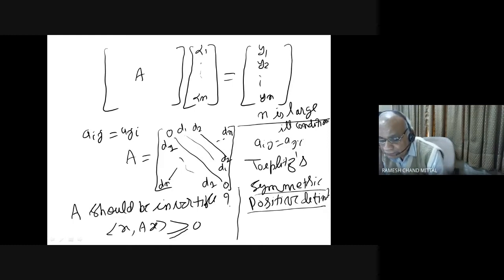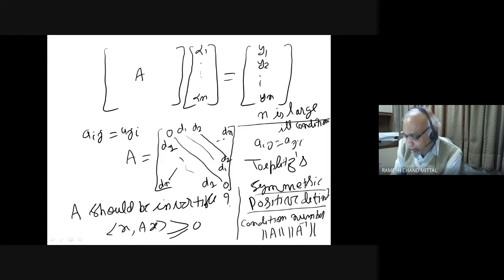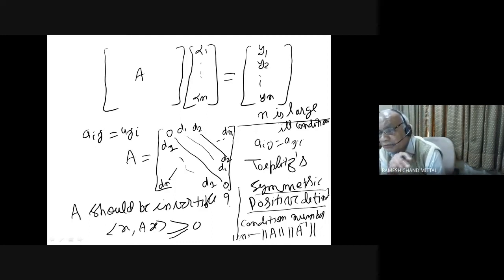That is, computationally, it is not possible to find the inverse or to solve the system, because a slight perturbation in the coefficients makes a huge difference. That is ill-conditioning. What is the condition number? If you understand that, then you will understand what I mean to say. My condition number is the norm of A into the norm of A inverse. If the condition number of A is large, then my system is ill-conditioned.